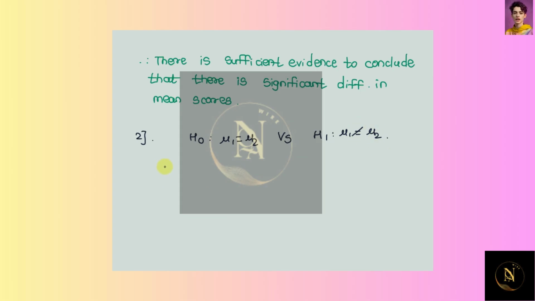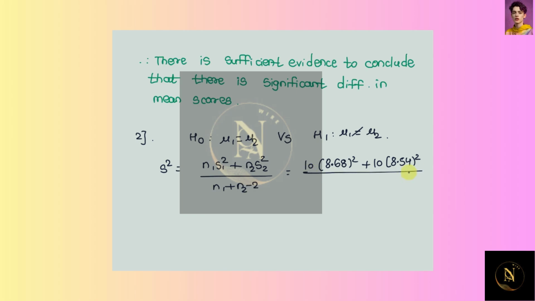First we compute s square, which is n1 s1 square plus n2 s2 square divided by n1 plus n2 minus 2, that is 10 into 8.68 square plus 10 into 8.54 square divided by 10 plus 10 minus 2. Therefore the value of s square is 82.374.